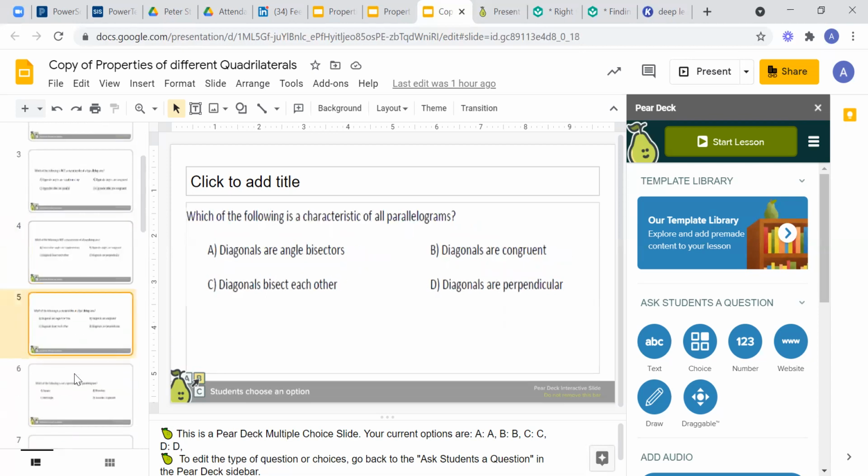So the next slide, which of the following is a characteristic of all parallelograms? Sarah, can you help us with number 1? This particular one. On my screen here, it says which of the following is a characteristic of all parallelograms?